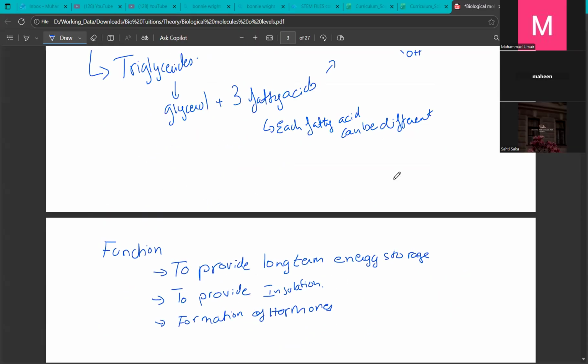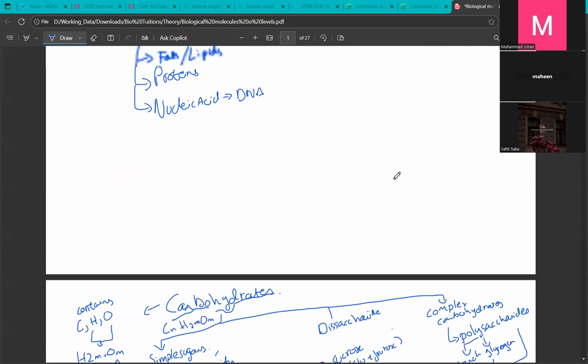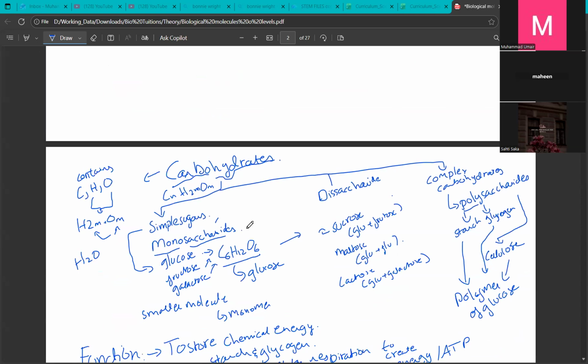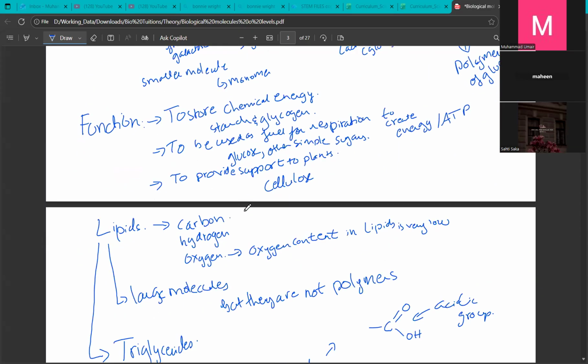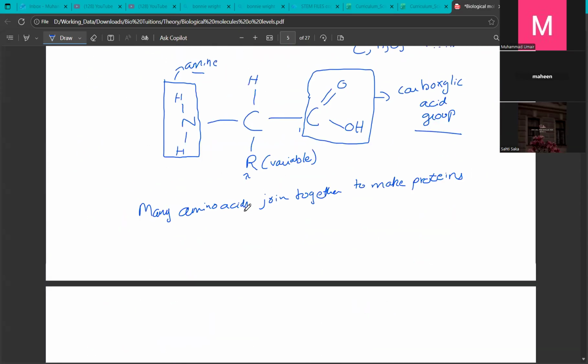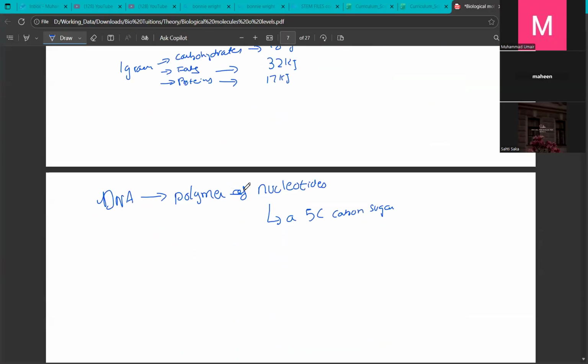Earlier, when we were on carbohydrates, we saw that glucose was a 6-carbon sugar, right? Similarly, there are some sugars that are 5-carbon sugars. So a nucleotide contains a single 5-carbon sugar, and in the structure of DNA, that sugar is known as deoxyribose.